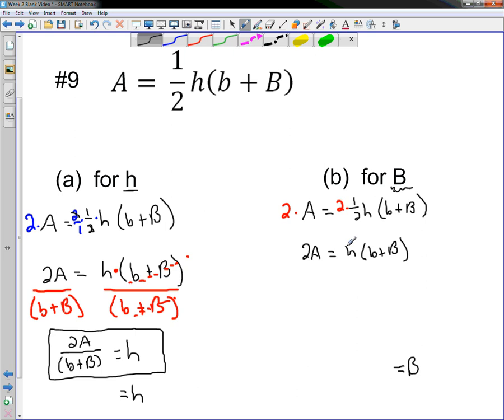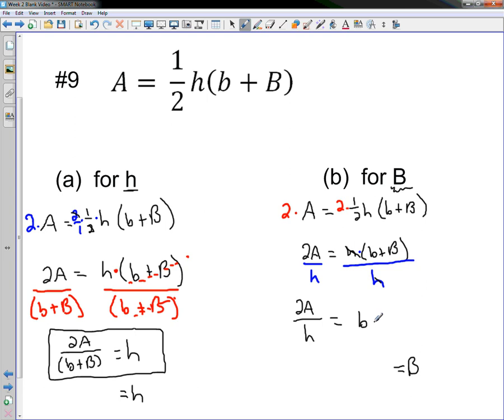If I distribute this h in, it's going to be multiplied, so I'm going to create another step. What I'm going to do is get rid of this h now by dividing by h. So that gives me 2a over h equals, these reduce, leaving me with just b plus b.